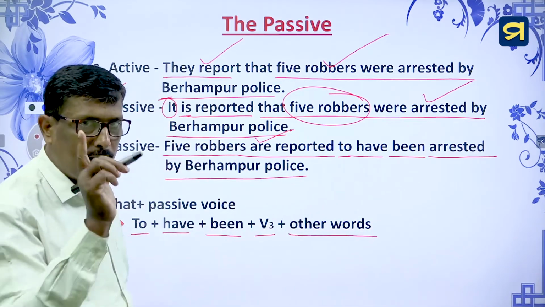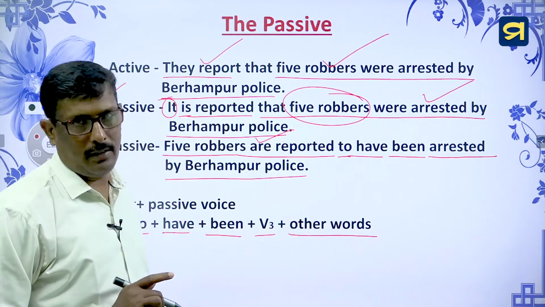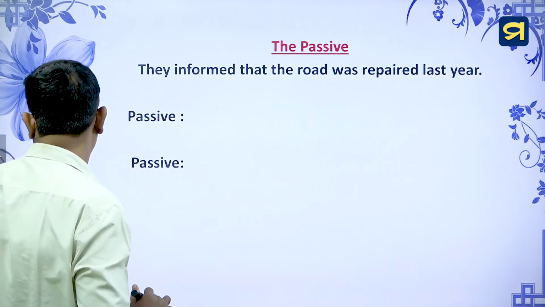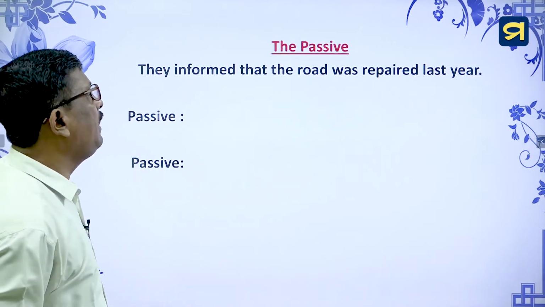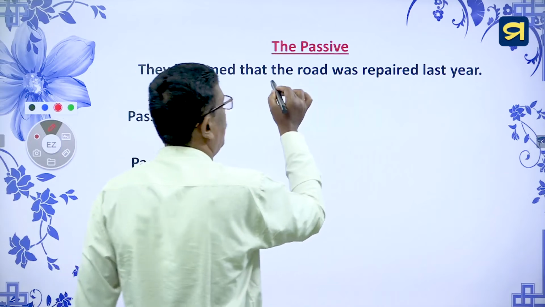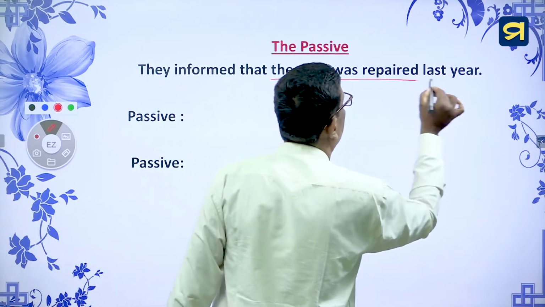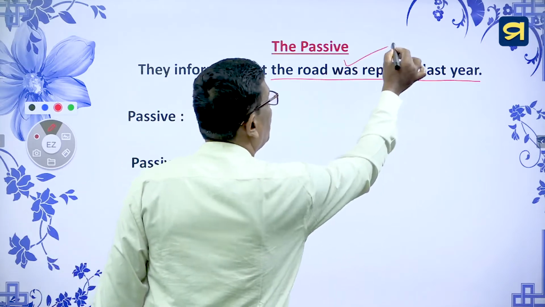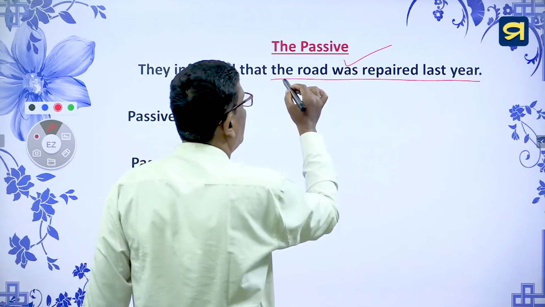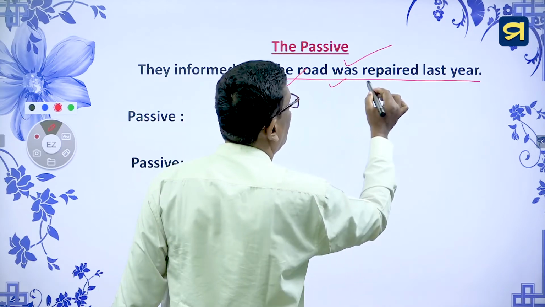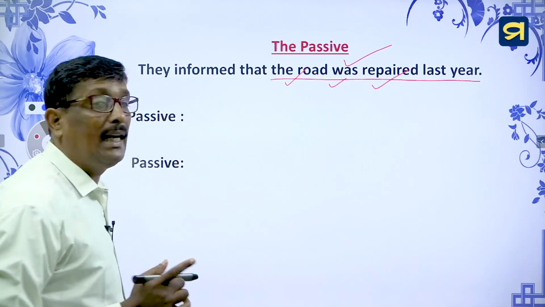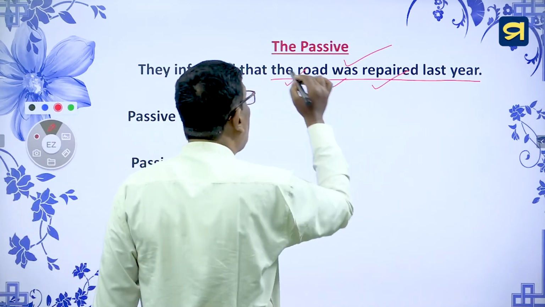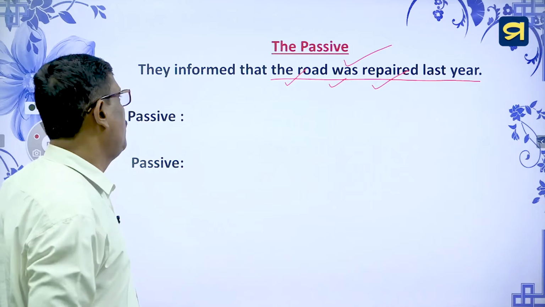Dear students, did you understand? Then we will make a practice. They informed that the road was repaired last year. Dear students, you see the sentence, the clause. That clause has passive voice here. Why? Because here is the subject followed by was, then third form of the verb. That means it is in past tense. Then that clause has a passive voice. How will we change?